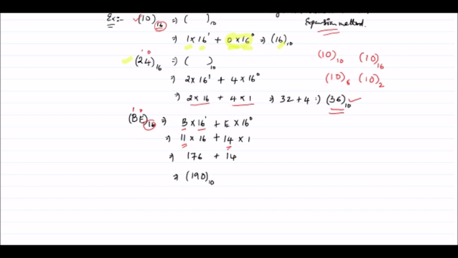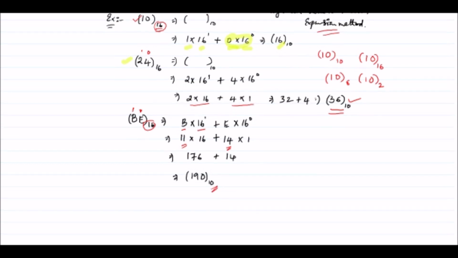So B is nothing but 11 as the decimal equivalent value, and E is nothing but 14. So 11 into 16 is 176 plus 14 ones are 14. If I add this value, I have 190 base 10.